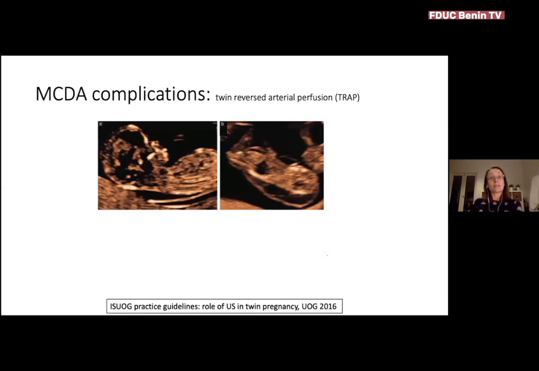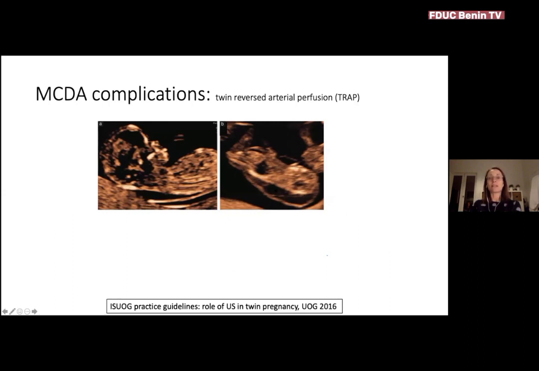And then the very last MCDA complication that I'll talk about is the other one that I detected on my visit to Nigeria, which is twin reversed arterial perfusion, which is very easy to diagnose in the first trimester because you see one healthy looking twin and one twin that has very abnormal anatomy. So usually there's no head or heart.